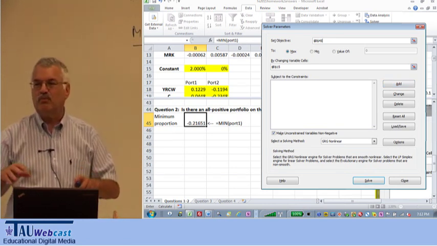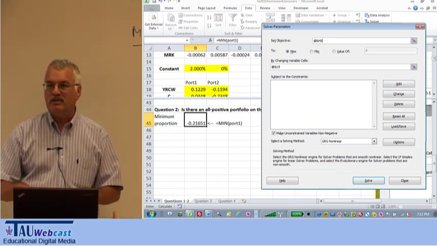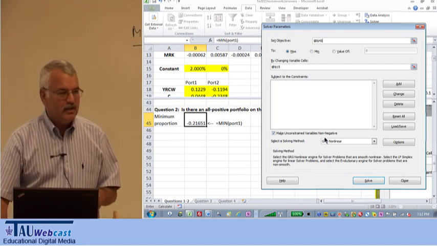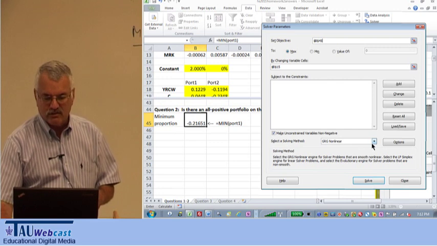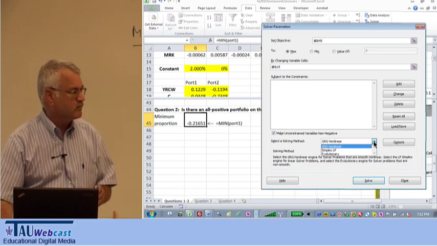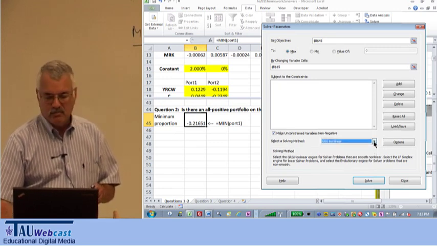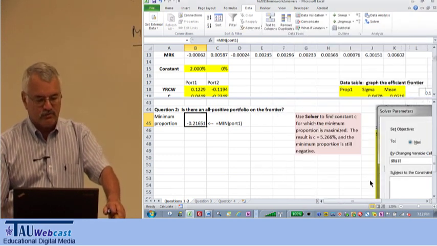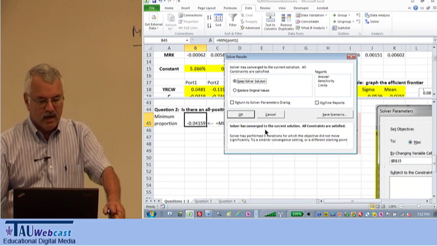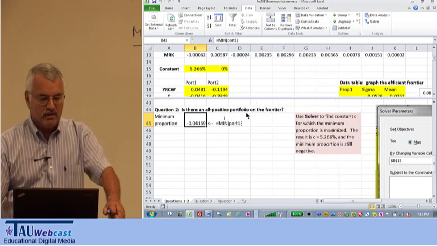Solver keeps getting more complicated and more efficient. So in the old solver, you just hit enter. Now they've got all kinds of different solving methods. But here I'm just going to take whatever they offer me, and I hit solve. And it says, you want to keep this, or you want to restore the original values, and I say yes.